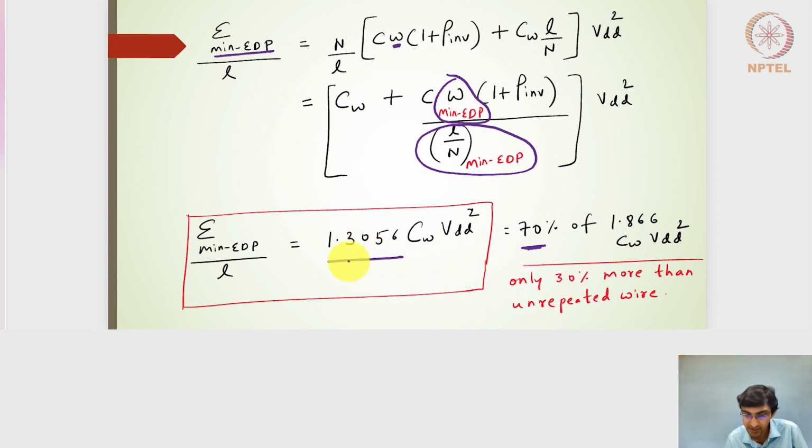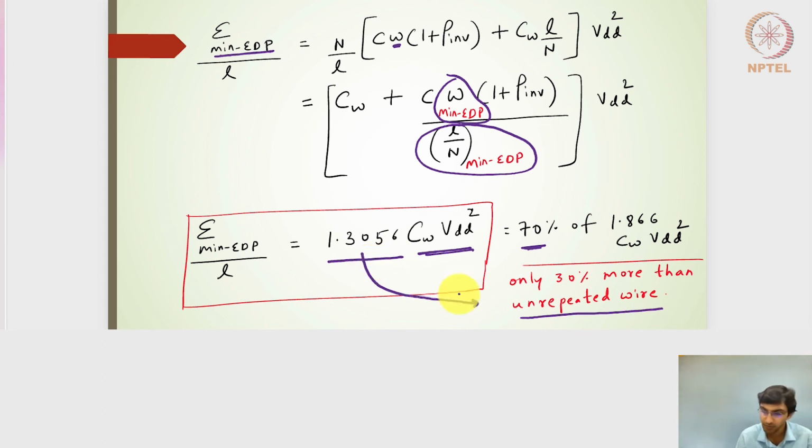If I compare 1.3056 with that of the wire with no repeaters at all, which is CW VDD square, it is only 30% more than the unrepeated wire, whereas 1.866 is 86% more. Here it's 30.56% more.